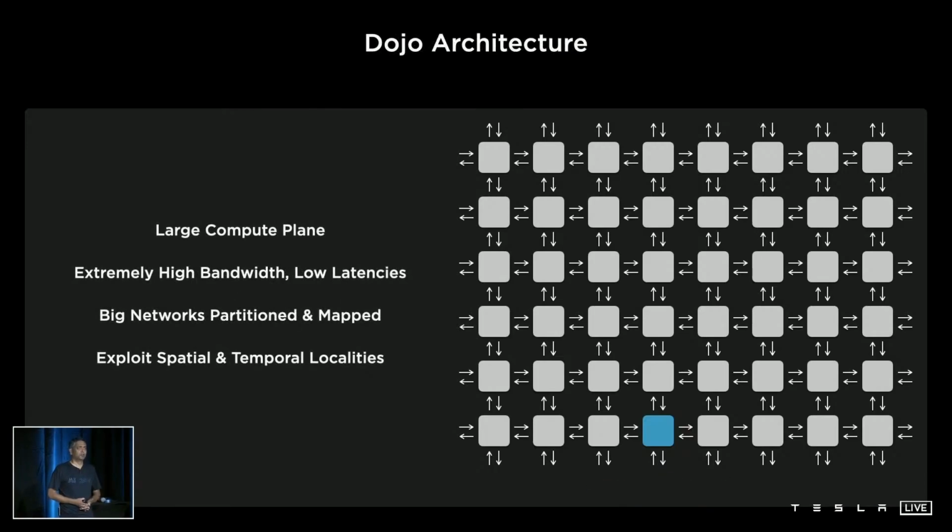For DOJO, we envisioned a large compute plane filled with very robust compute elements backed with a large pool of memory and interconnected with very high bandwidth and low latency fabric in a 2D mesh format. And onto this, for extreme scale, big neural networks will be partitioned and mapped to extract different parallelism: model, graph, data parallelism.